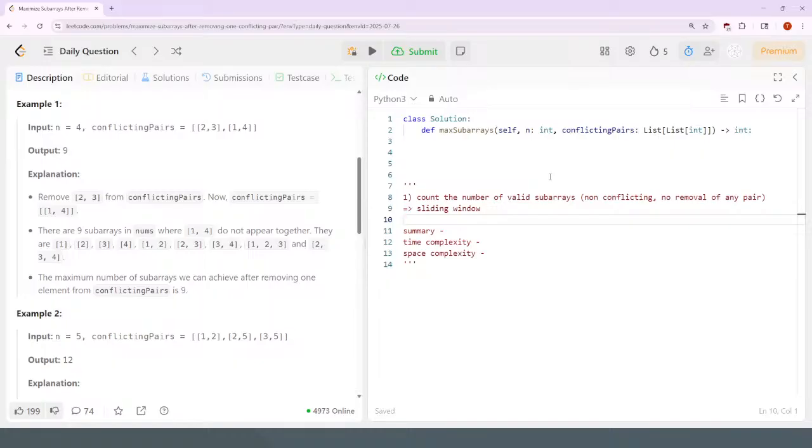And then of those, you want to eliminate the windows that are conflicting in some fashion.